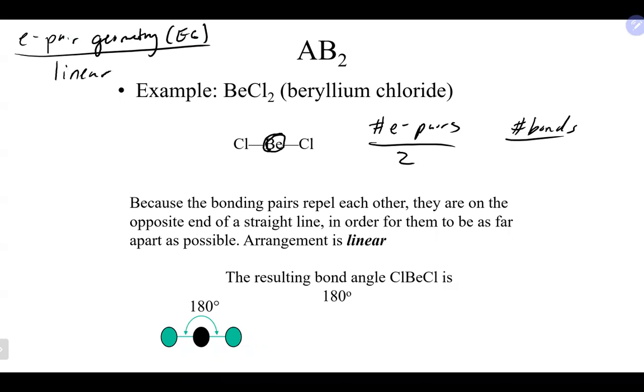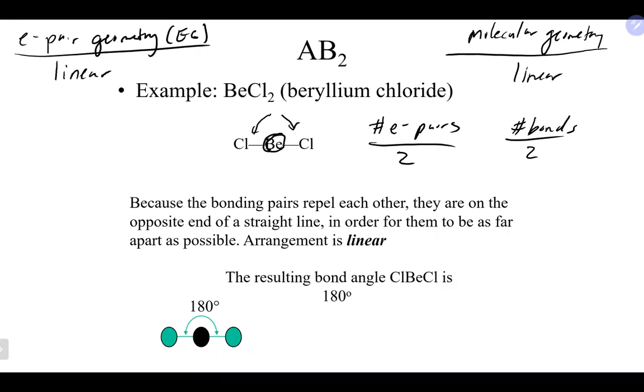Now, what's going to happen is those electron pairs are going to decide, let's go away from each other as far as possible, which is basically on opposite sides of each other. And what we end up with is something with 2 bonds. So something with 2 electron pairs and 2 bonds, the molecular geometry or the shape would also be linear.